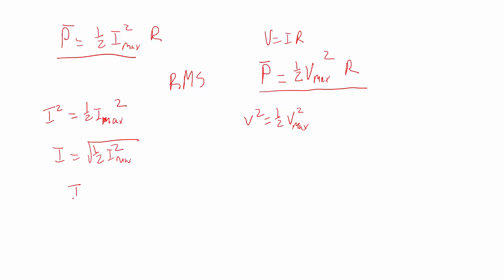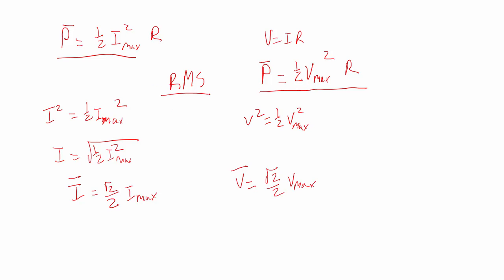Well, that means I equals square root of 2 over 2 times I max. And V equals, these are average values, V equals the square root of 2 over 2 times V max.